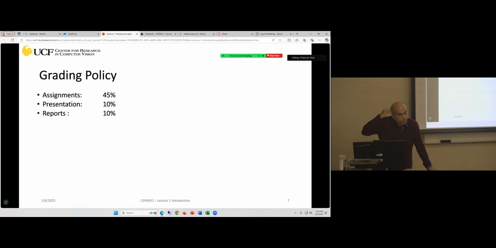So each of the papers you will present will be one, but there will be other groups who will present. So for each of the papers you will write a report. Okay. So I'll give you practice on how to read a paper, understand it, and write a one-page report. And the projects will be 35%.